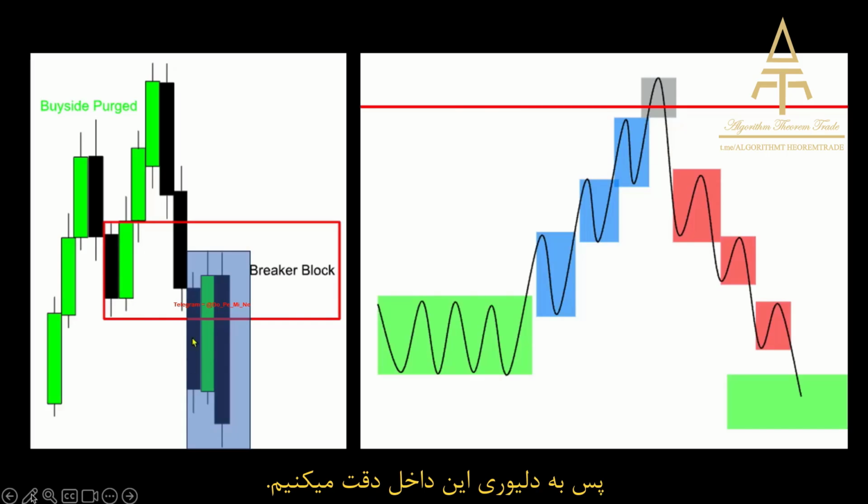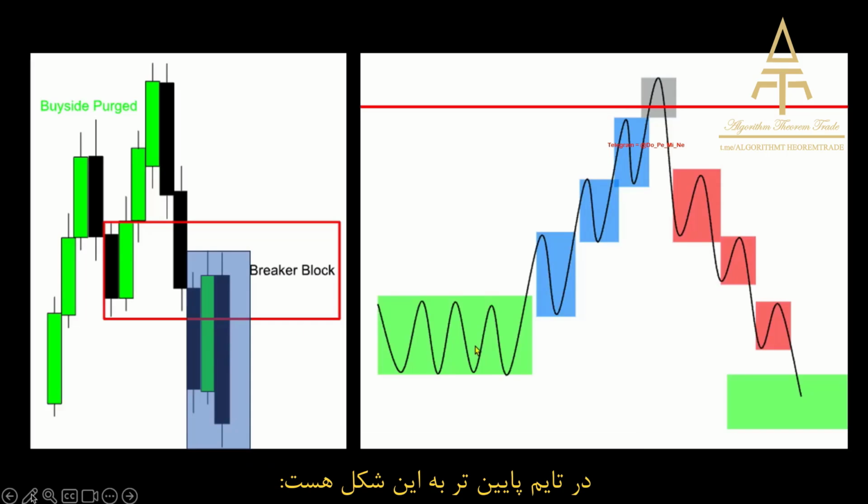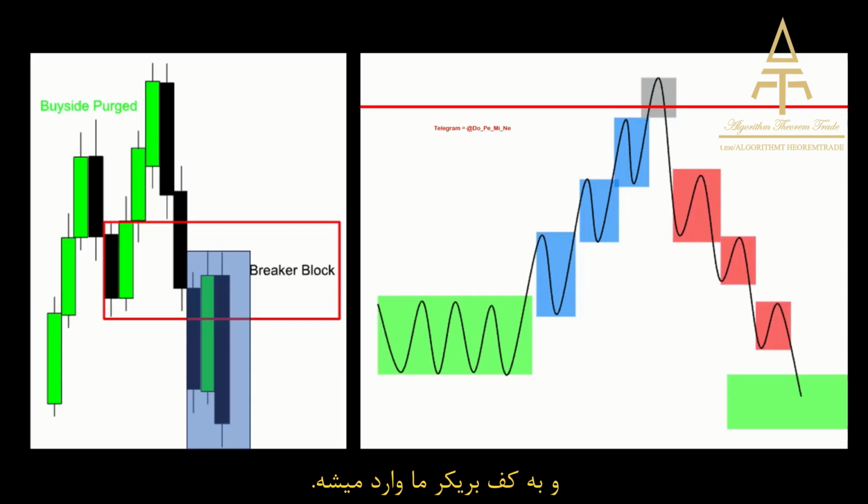So we're going to take a look at the delivery inside of here. The delivery that forms inside of this down close candle, inside of this up close candle, and inside of the next down close candle looks like the following on a lower time frame. We see an original consolidation, which gets formed here. Then the buy side of the curve unfolds into our bearish breaker price level or into the bearish breaker low.